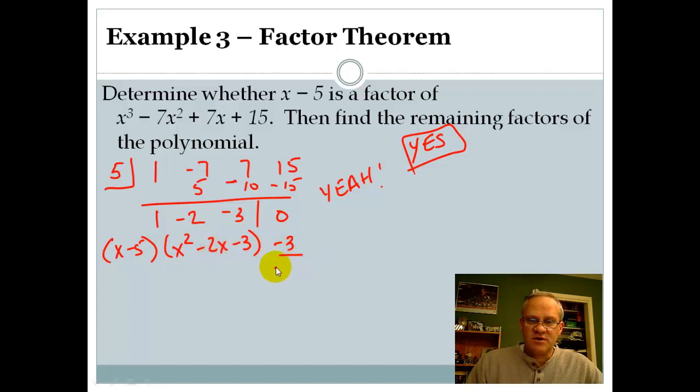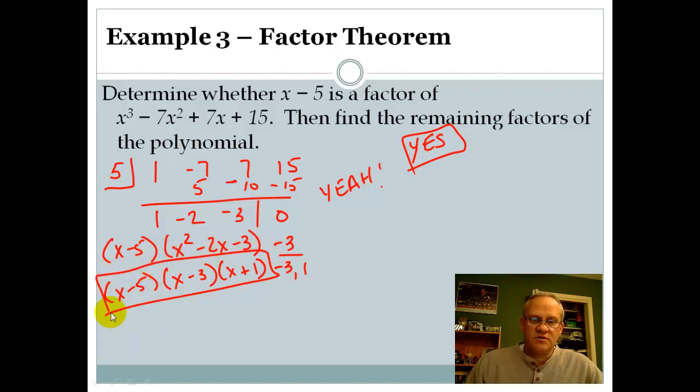Well, we could make this negative 3 times 1, right? Negative 3 times 1 is negative 3, but negative 3 plus 1 is negative 2. So that means this will break down further to be x minus 3 and x plus 1. And again, if you want to include the original factor there, that's fine. But those are the factors of that polynomial.